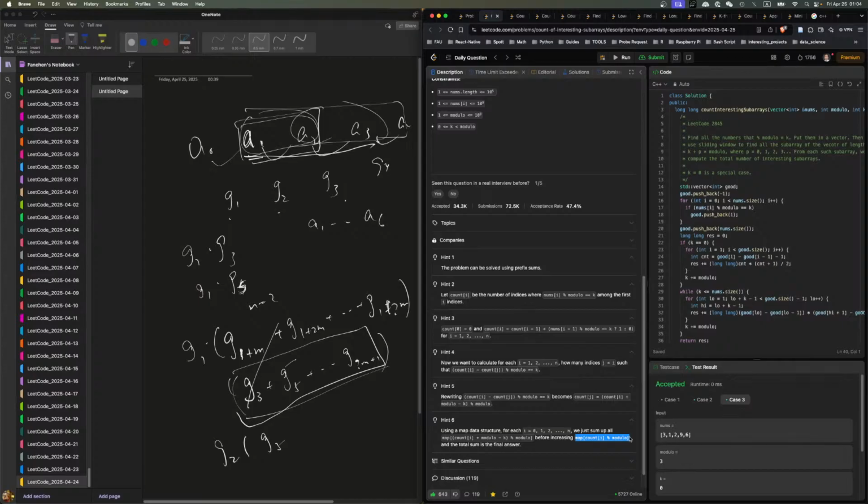But to put it at this characteristics, then why we just modulo it? Yeah, that part I don't understand. Why do we modulo it?